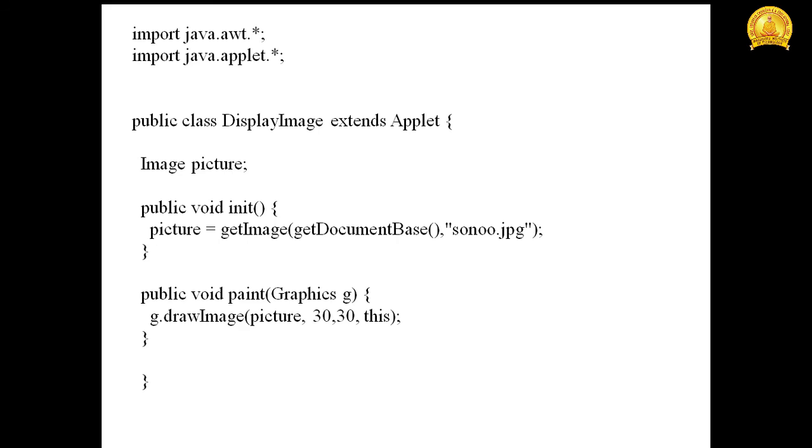That is the position where the image will be displayed. And the object of ImageObserver, here it is put as this, because this always refers to the current object. So this is how you use the drawImage method for displaying the image in the body of the applet. You just have to know there is a method called drawImage in the Graphics class, which is used for displaying the image.